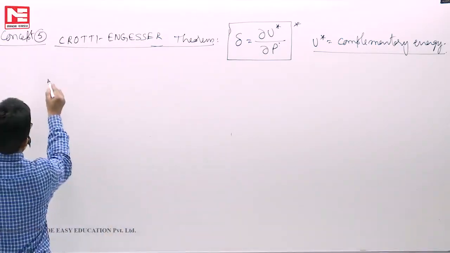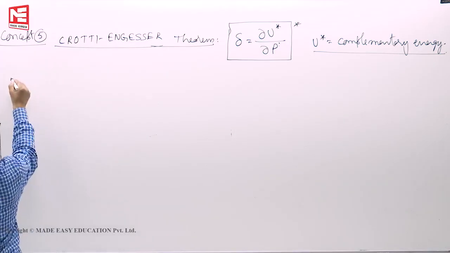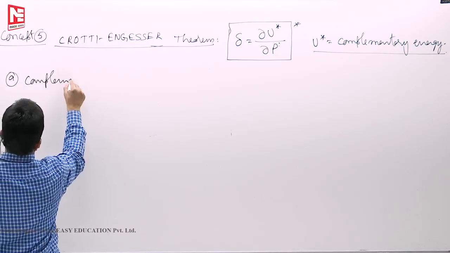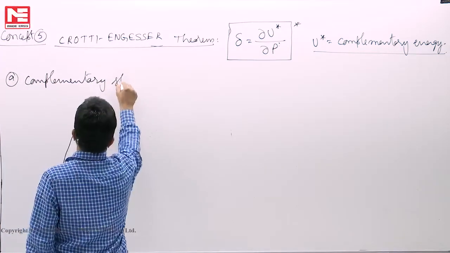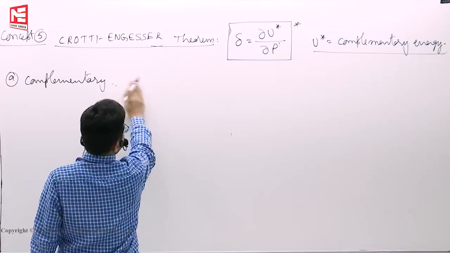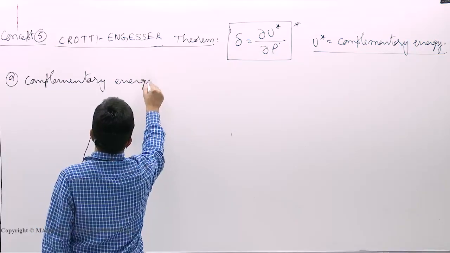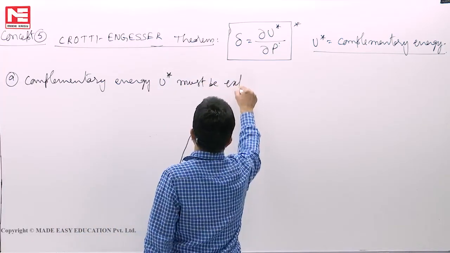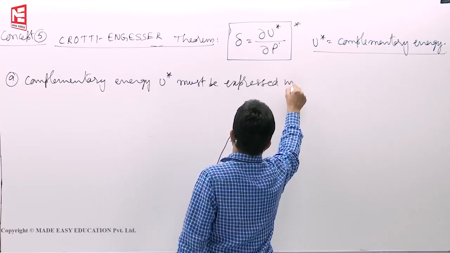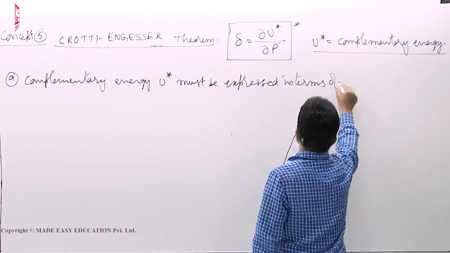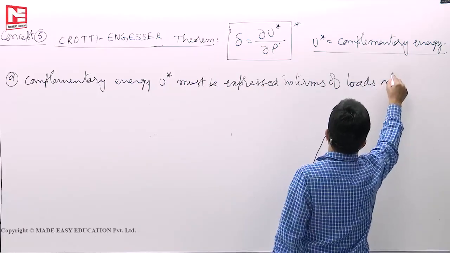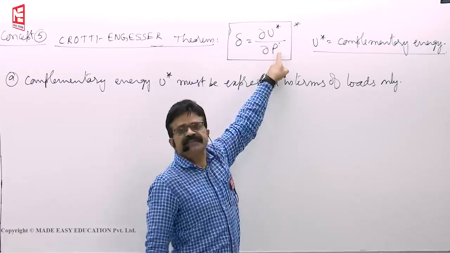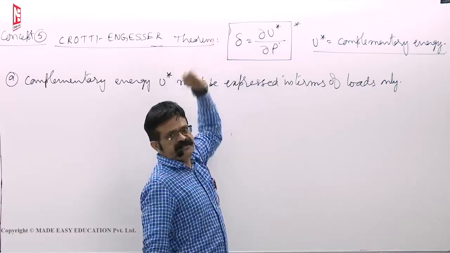Then such U star, first point is, complementary strain energy or complementary energy U star must be expressed in terms of loads only. If U star is expressed in terms of loads, then I can differentiate with respect to load to get the displacement.